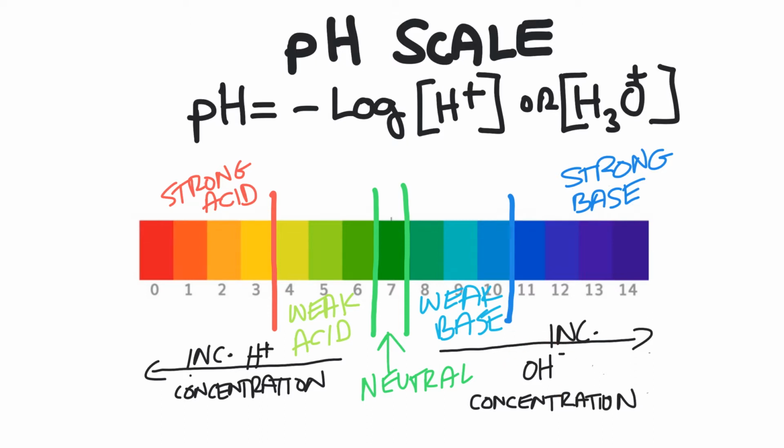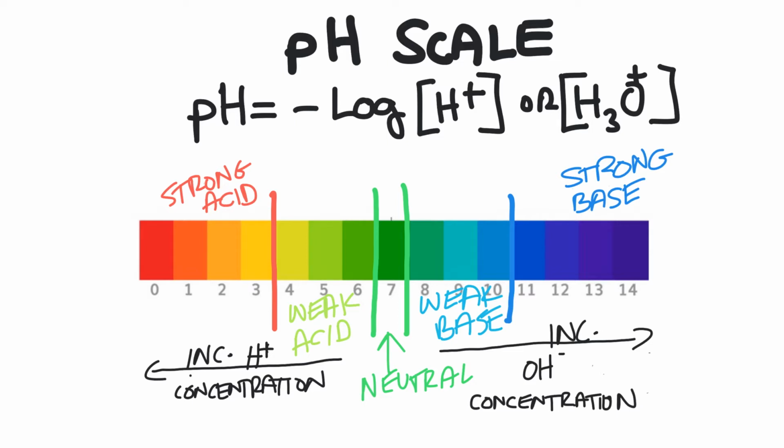And then a strong base, or strongly alkaline, means we have a lot of this and very little of this, right? So a lot of this is strong acid, a lot of this is strong base. What do the colors represent? The colors represent the color of universal indicator paper, or in other words, pH paper, when you put it into solution.